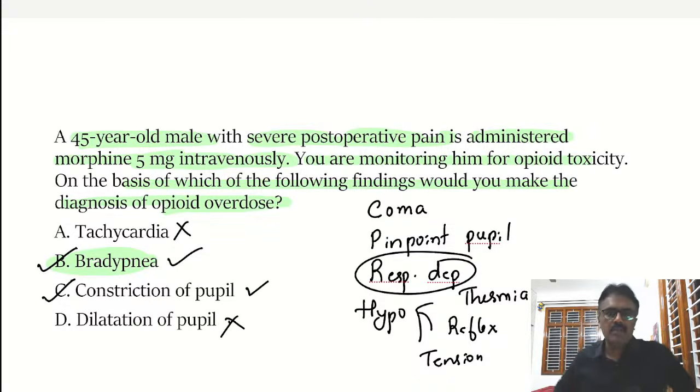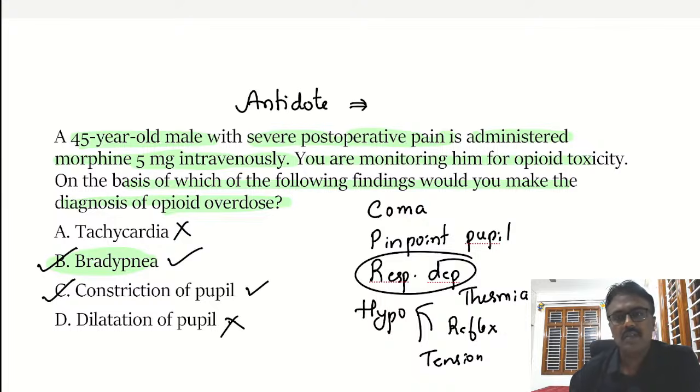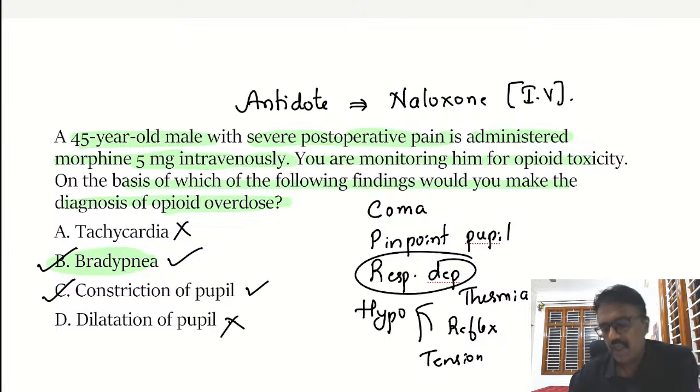Now the question is, when there is opioid overdose, what is the antidote? Usually they used to ask antidote in the exams, but nowadays they ask the clinical features. The antidote for that is naloxone. Why naloxone? Because naloxone is an intravenous drug, so I can give it immediately and it will reverse that immediately.